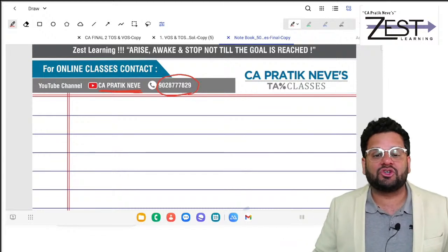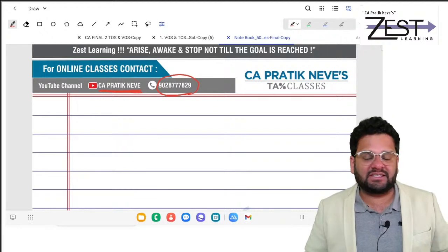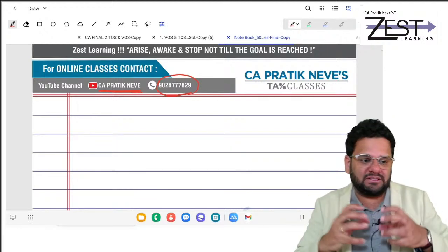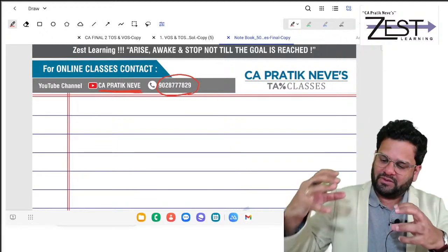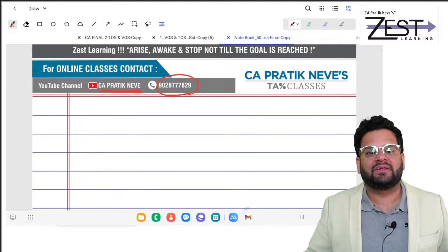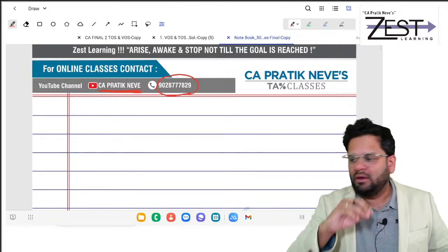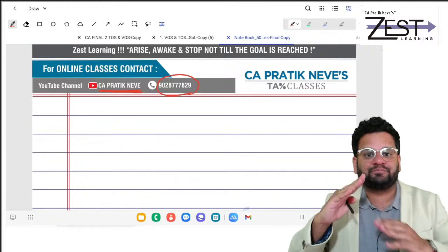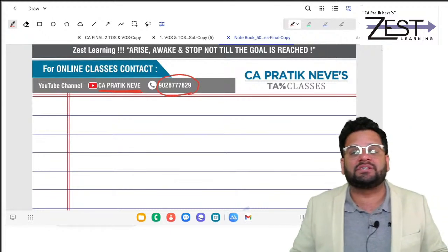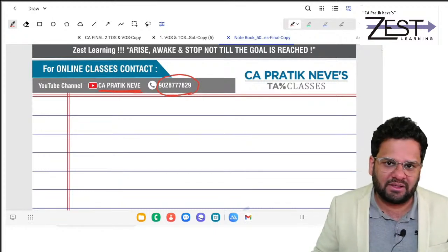Secondly, in short, 32.4 does not apply if it's a term policy. But if it's an endowment policy, that means the policy is a mixture of both life insurance as well as investment or savings, then what happens? If it's a single premium annuity policy, then you have to take 10% of the premium as taxable value.